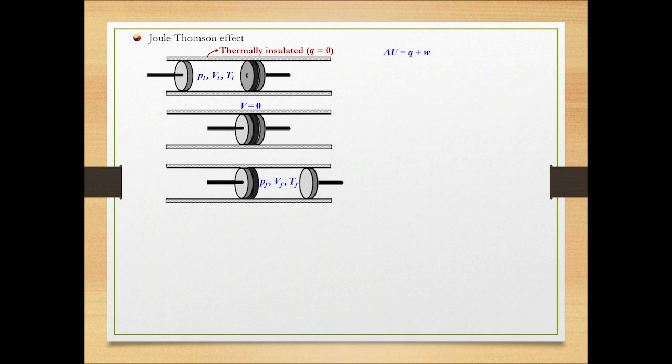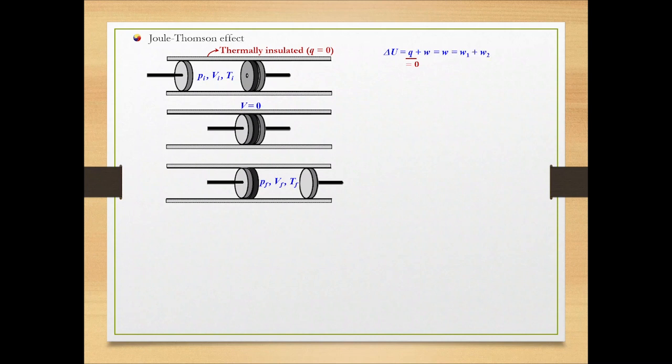The internal energy change of this whole process is denoted by delta U, which is equal to Q plus W. Since this process is carried out under an adiabatic condition, there is no exchange of heat with the surroundings. It further implies that only the mechanical work done is responsible for the temperature change.